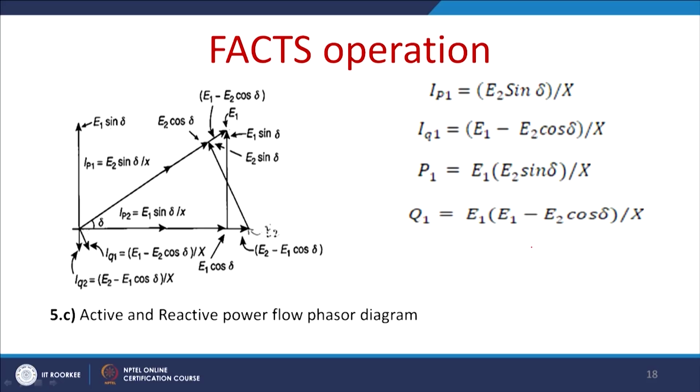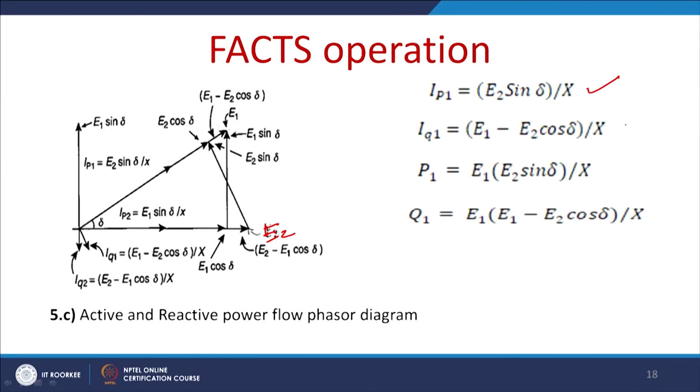So, this is E1 and this is E2, and the angle between them is delta. The real power at the sending end is I P1, given by E2 sin delta by x. Similarly, the reactive component of the current is given by E1 minus E2 cos delta by x. So, P1 equals E1 E2 sin delta by x. This is the sending end power.